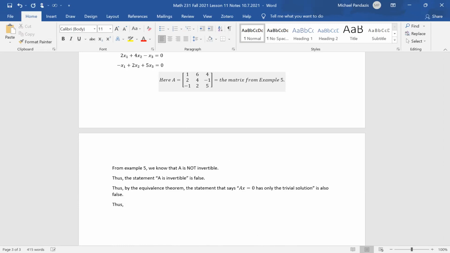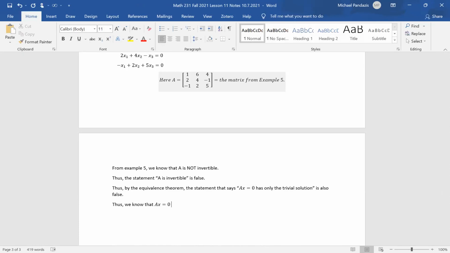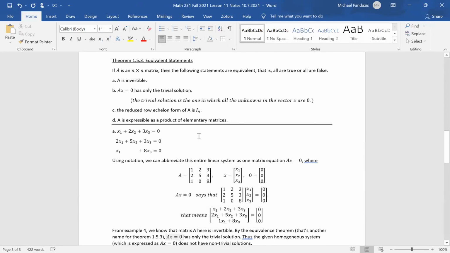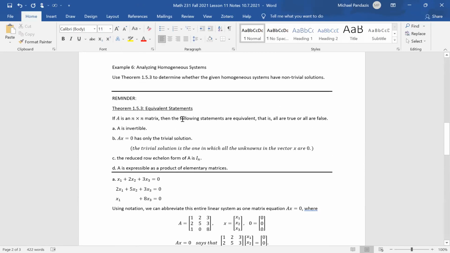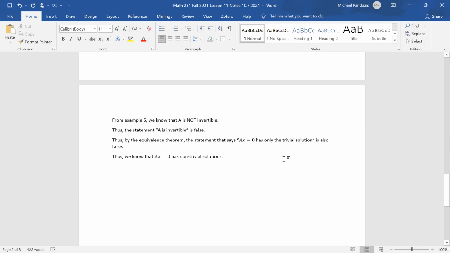Thus, since that statement is false, we know that AX equals 0 has non-trivial solutions. It's false to say it only has a trivial solution, so it has non-trivial solutions. The goal of the problem is to determine whether the given homogeneous system has non-trivial solutions. It does. We're done.